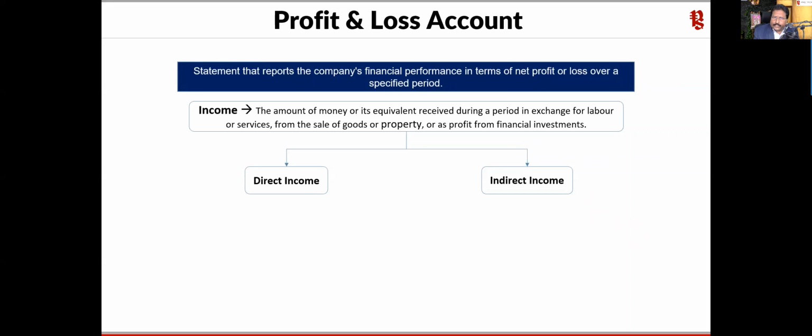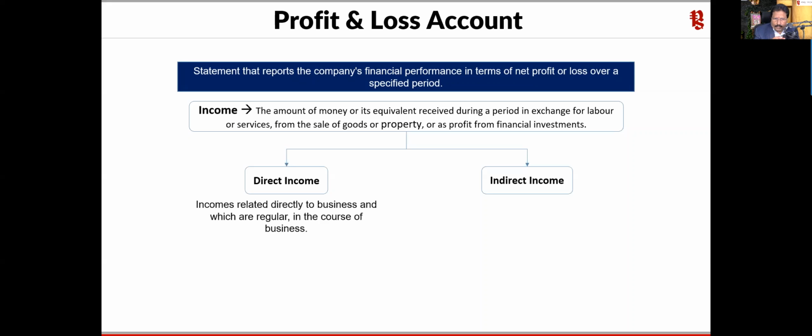It is important for us to understand what constitutes direct income, what you will have to consider as part of your direct income, and what other incomes are in the nature of indirect income, and how you would report them. So first let us try and understand direct income.